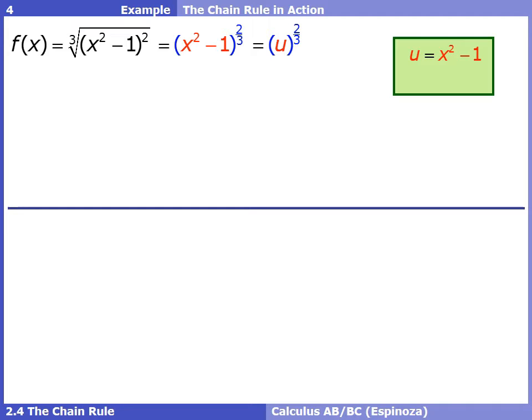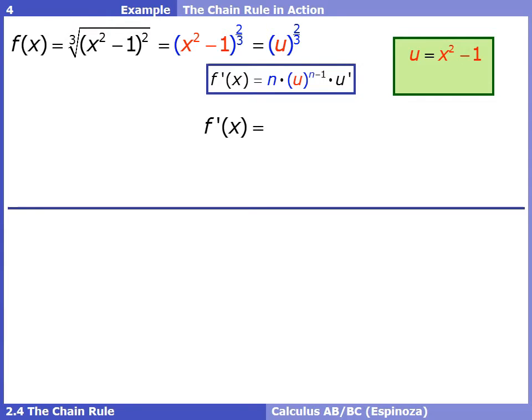Once we have that u to a power, we know how to take the derivative. We're going to use the chain rule. And I've copied it again here just for our reference so we can follow the steps of the chain rule. So let's go ahead and do that. What is f prime equal to? What is our derivative equal to? Well, we need to take our power, bring it down to the front, rewrite the u, don't touch the u, don't change the u, it's exactly like the formula, reduce the power by 1.